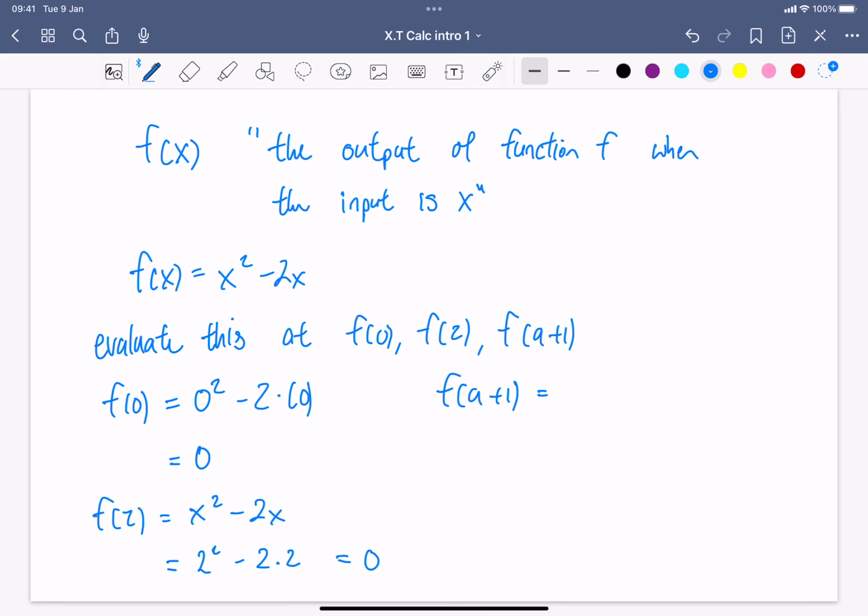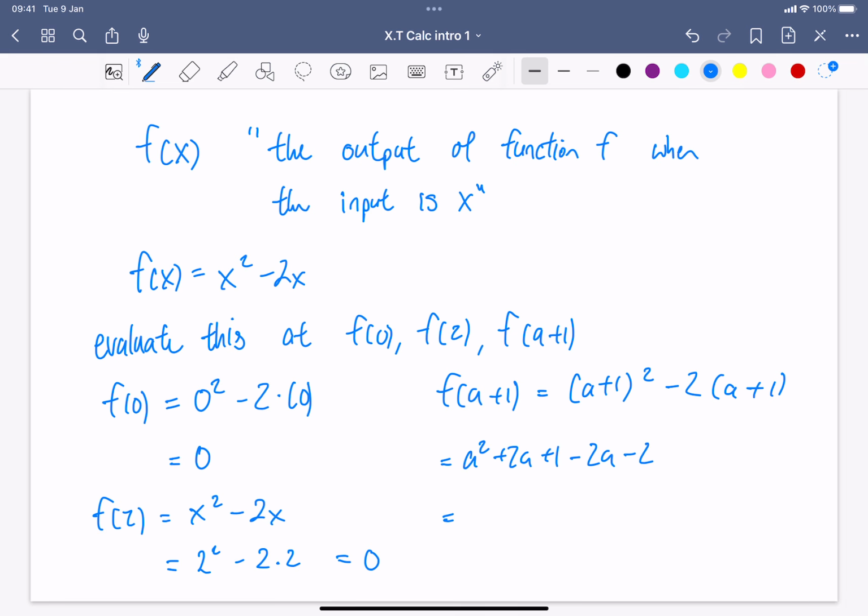Again, we're plugging a plus 1 into x, so we would get a plus 1 squared minus 2 times a plus 1. So we can expand this out just to show you what it'll look like. It will be a squared plus 2a plus 1 minus 2a minus 2.